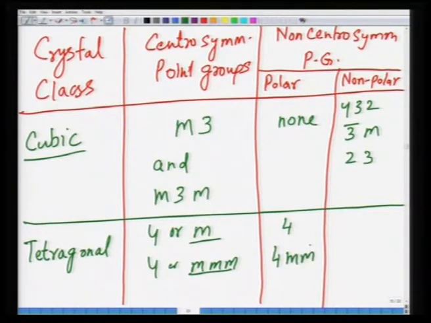So, I am just rewriting what I wrote earlier in the previous slide, but now I am differentiating these on the basis of centrosymmetric and non-centrosymmetric point groups, and further on the basis of whether the material is polar or non-polar. So, this becomes bar 4, bar 42m and then 422. So, just keep counting them, and then again I will not write the title header. So, here I will take now orthorhombic.